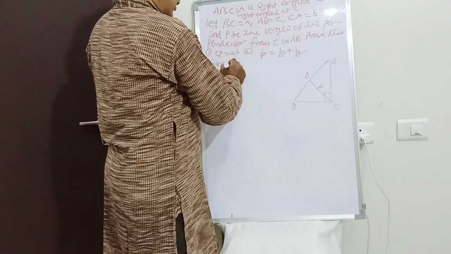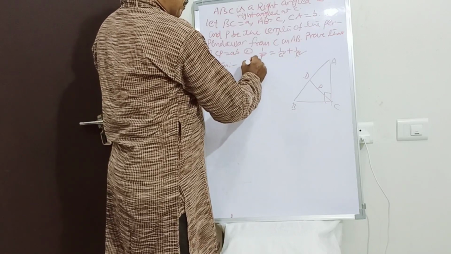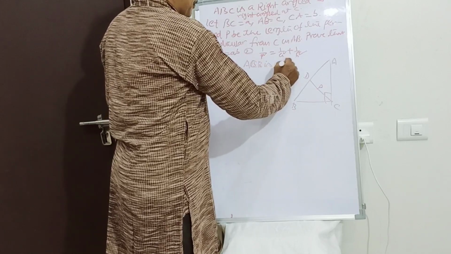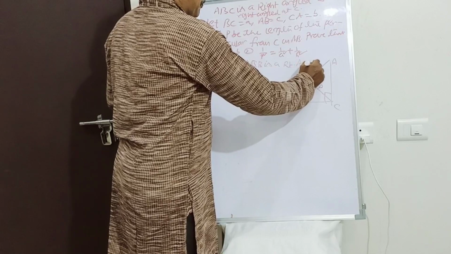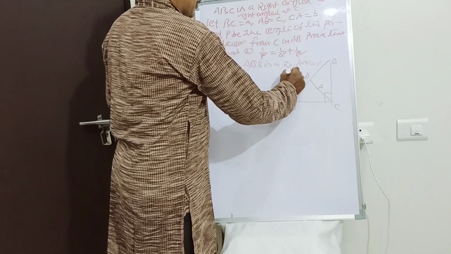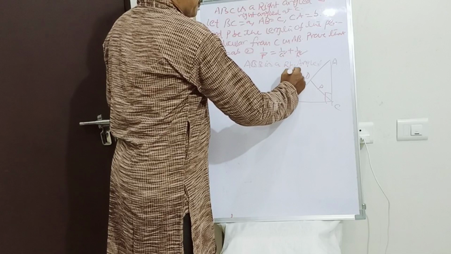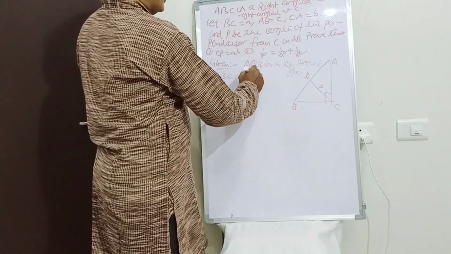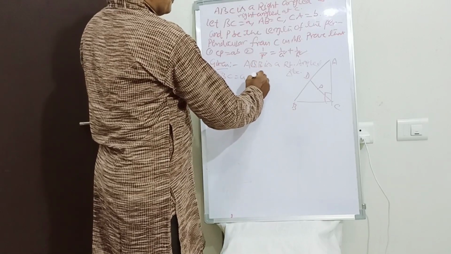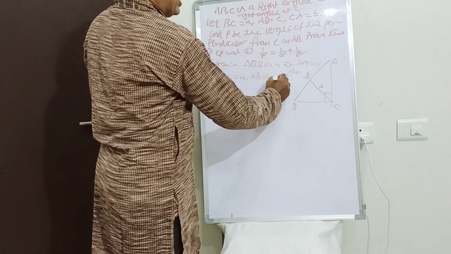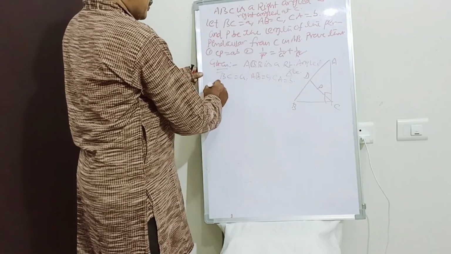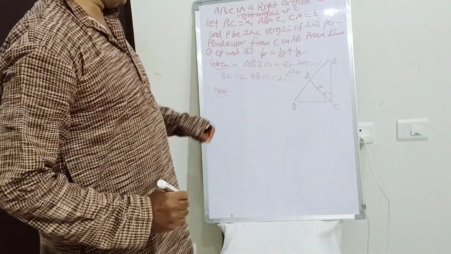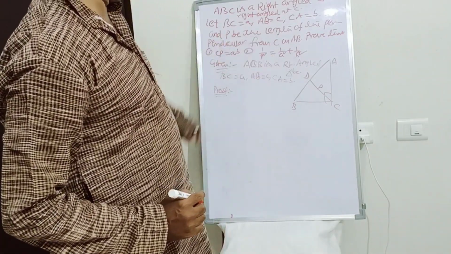So when we write the given part here, ACB is a right angle triangle, and BC is equal to small a, AB is equal to small c, CA is equal to small b. So let us go through the proof of the given problem here.